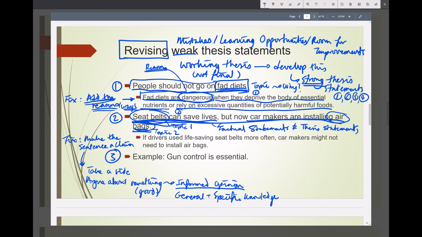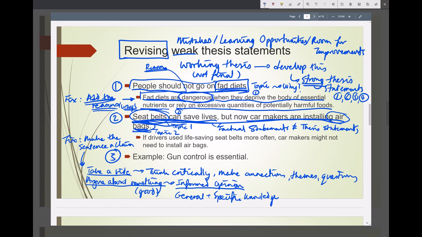Maybe you have to take a side, which means you have to think about the topic critically. Make connections. Look for themes. Ask questions. And then maybe you can argue about something.